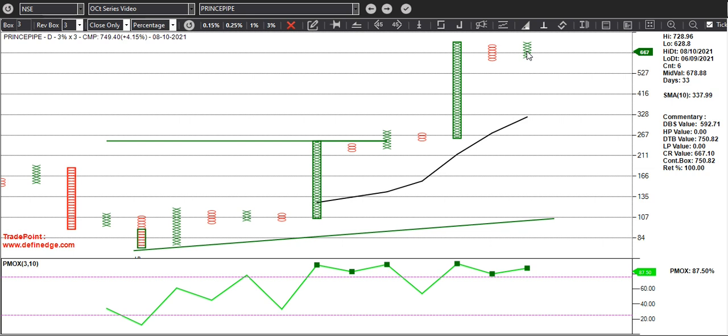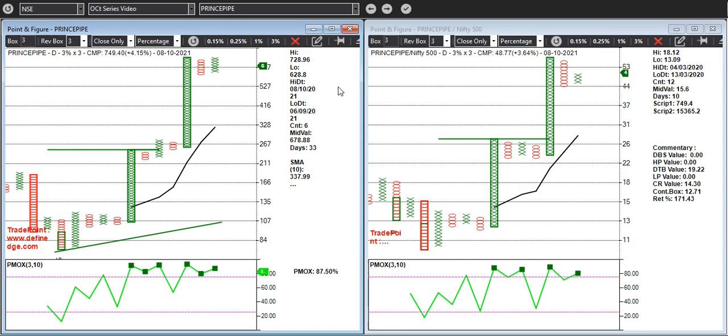The DBS is far, more than 25%. The risk is more than 25%, but the point I wanted to make is that this is in a bullish trend, and if you have some other system, you can put a stop loss as per your system. I will not trade this, but this stock is good.